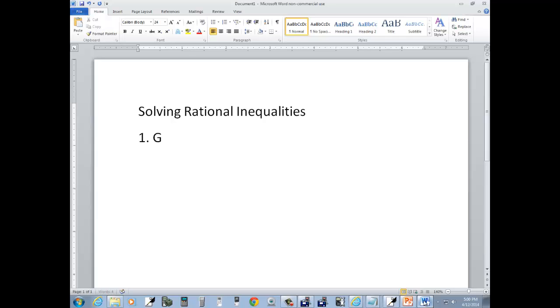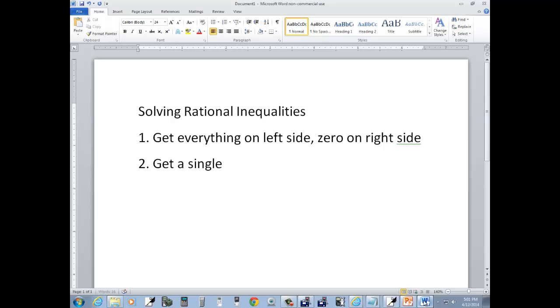Our first step is get everything on the left side, 0 on the right side. Step 2, get a single fraction. Rational means single fraction. Step 3, factor the top, factor the bottom.